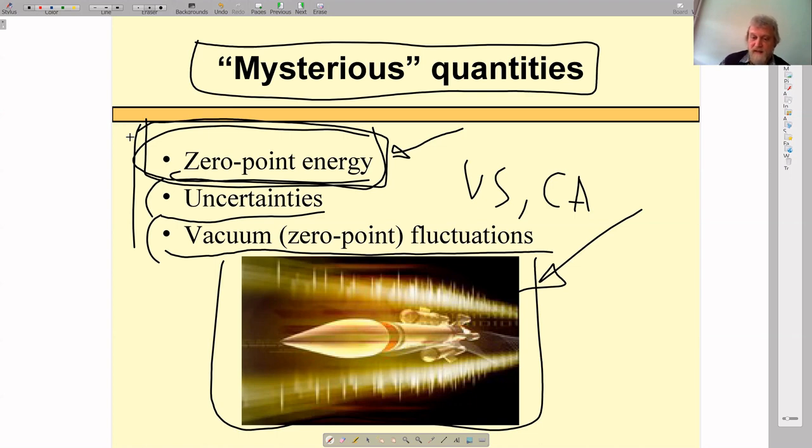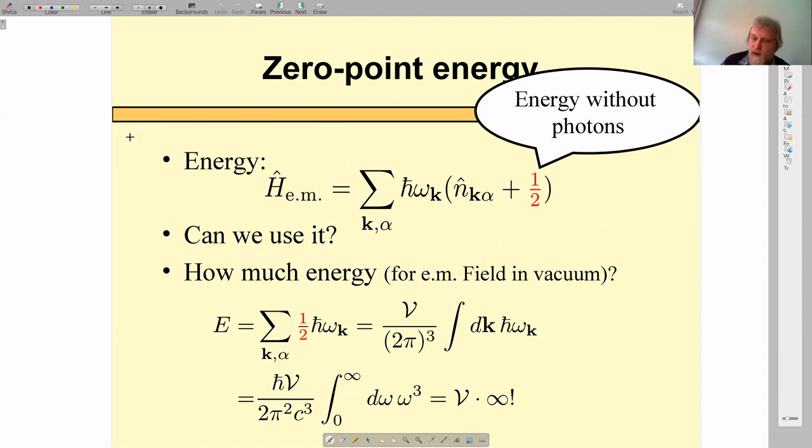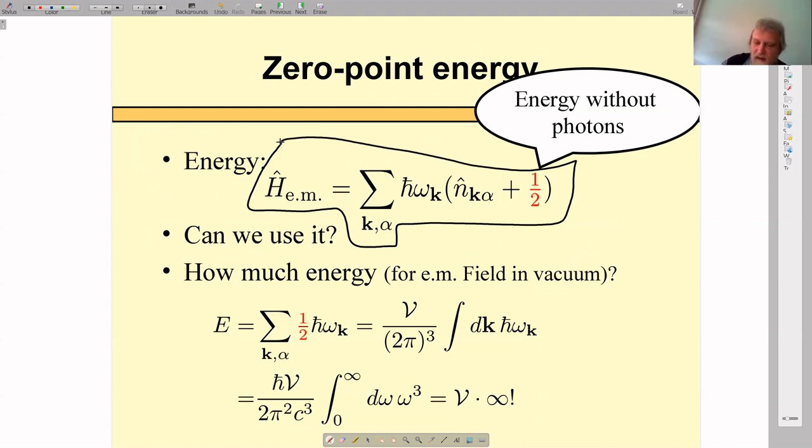So there are mysterious quantities. Let me talk about this. Zero-point energy. Fine, we flash again this Hamiltonian. It is the Hamiltonian of the electromagnetic field for this particular basis, but it's valid for any field.